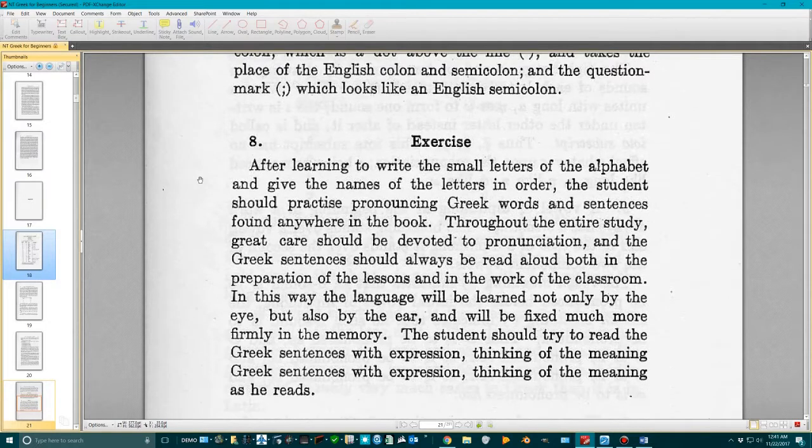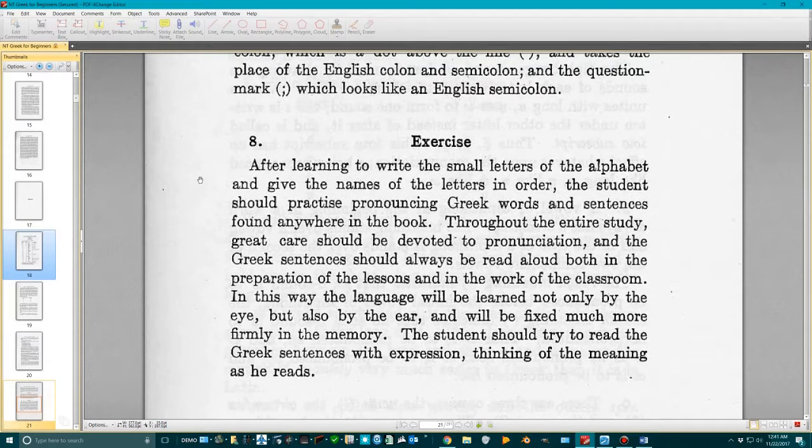Paragraph 8 is an exercise. After learning to write the small letters of the alphabet and give the names of the letters in order, the student should practice pronouncing Greek words and sentences found anywhere in this book. Throughout the entire study, great care should be devoted to pronunciation, and the Greek sentences should always be read aloud, both in preparation of the lessons and in the work of the classroom.